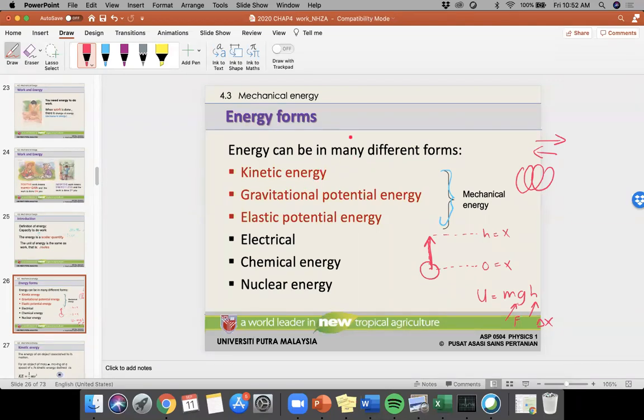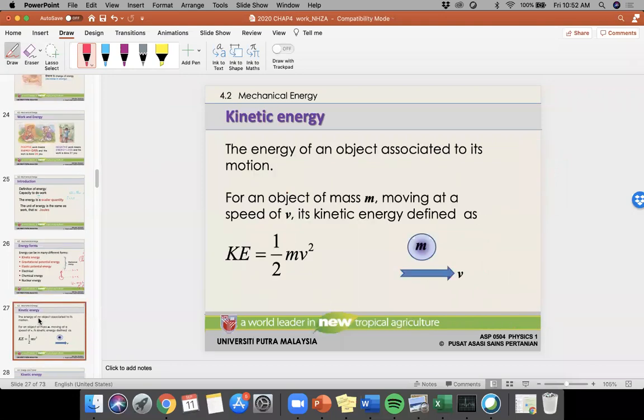Okay, kinetic energy, I'm sure you know what this is. It's just velocity or just speed of the mass, right? So kinetic energy, we know the equation is KE equals 1/2 mv squared. I think we already learned this in SPM.